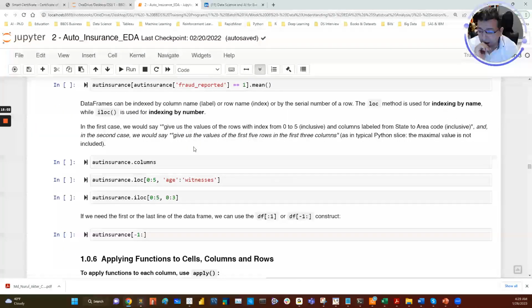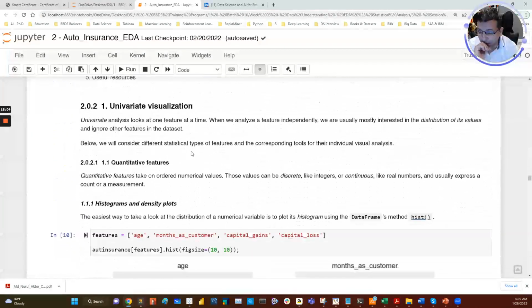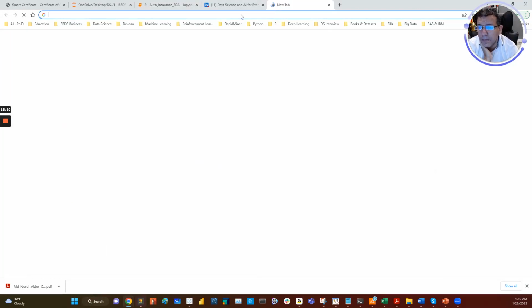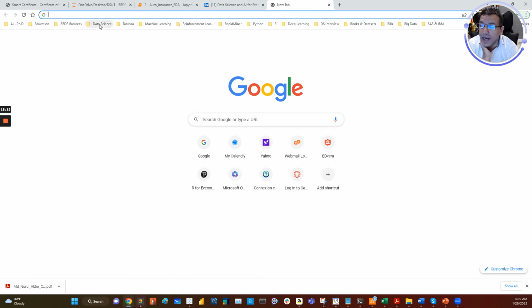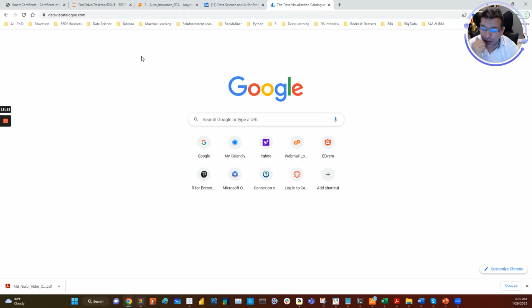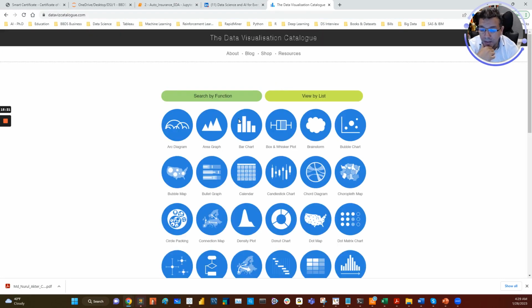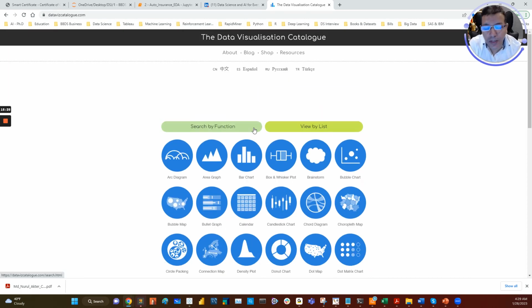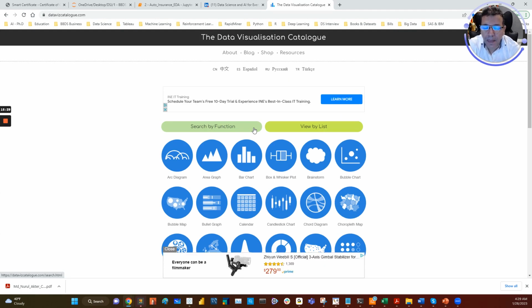Then we learned about some visualization, and in terms of visualization, of course, there are many graphs that you could use. But the most common graphs, and we talked about this several times, is number one, bar plots, which are used to visualize the categorical data and compare the elements of the categorical data.